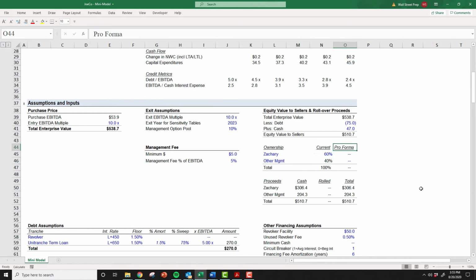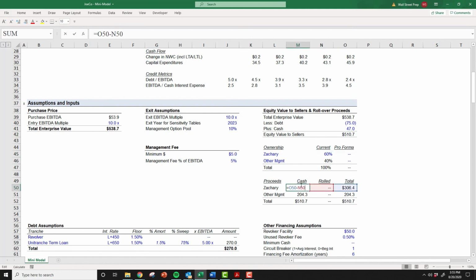I'm going to ignore this for now. This is related to a concept called rollover. I'll talk about it at the end. But basically, we're assuming that we're going to buy out 100% of this company. Rollover means that these guys, or a portion of their equity, rolls into the new business. That adds a little bit of complexity, not too much, but let's hold off on that. So now we've got 60% and 40% for other management. And so again, what that means is Zach owns 60% of the cash coming in, right?